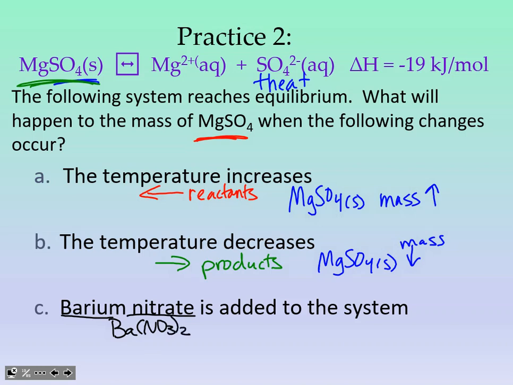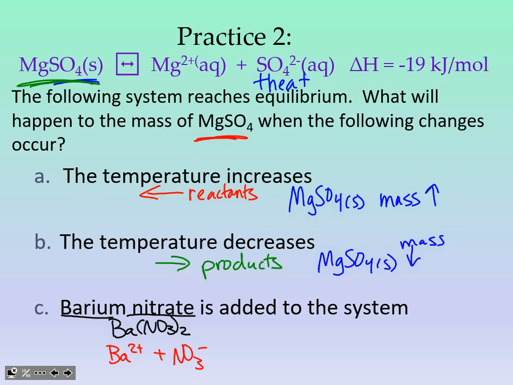What do you know about nitrate compounds? They are soluble, thank you. Good. So that means this is going to dissolve, right? We're going to end up getting Ba2+ and NO3- ions. These are going to be floating around in there, right?